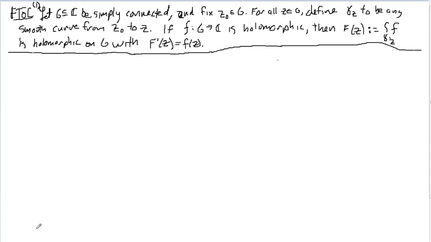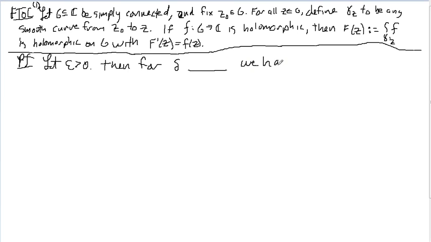So I just showed you that this function is properly defined. You can make sense of it. Now I'm going to show you that big F prime is actually little f. And to do this, I'm going to let epsilon be bigger than 0, and I'm going to find a delta, which I'm not going to tell you about right now.